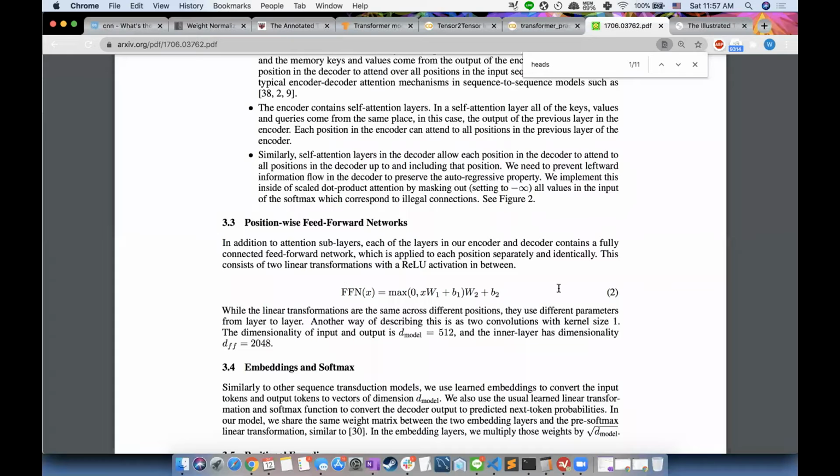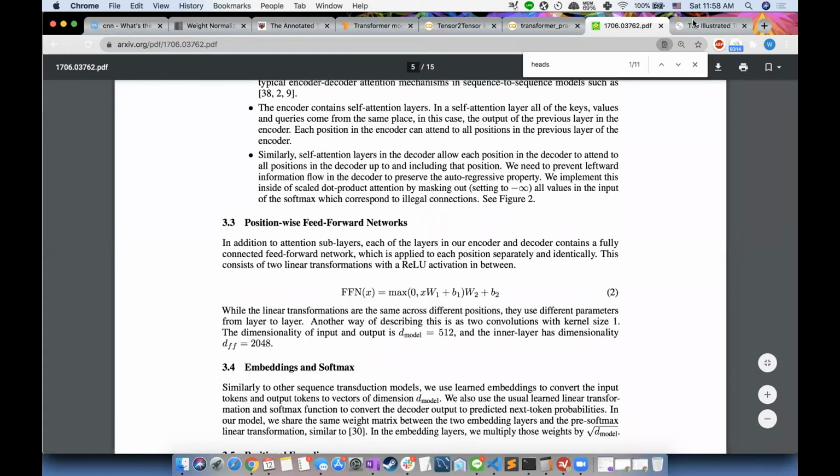That's what is meant by the feed-forward neural network. Once the attention gets trained with the weights and biases, we apply the activation and have a final result. Then you feed this result into another encoder layer. Correct. Okay, thanks.